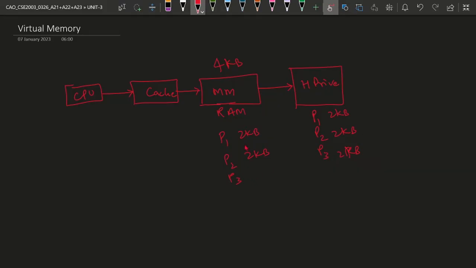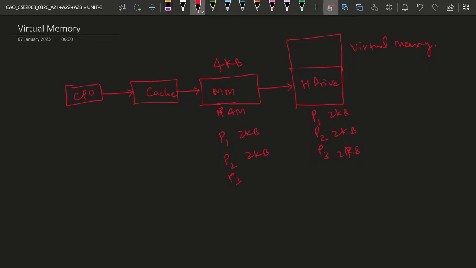But to accommodate a large number of processes, what is basically used is some portion of this hard drive, which is taken as the virtual memory. Few portions will be taken as virtual memory.